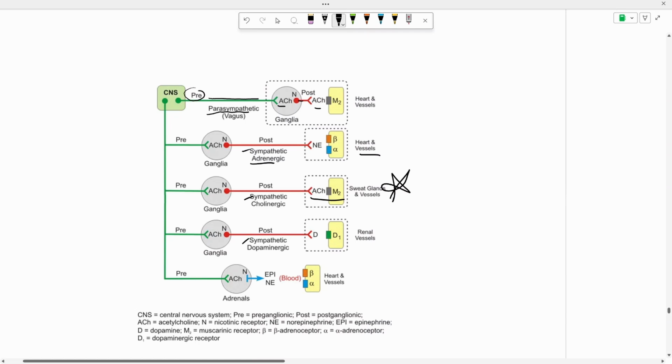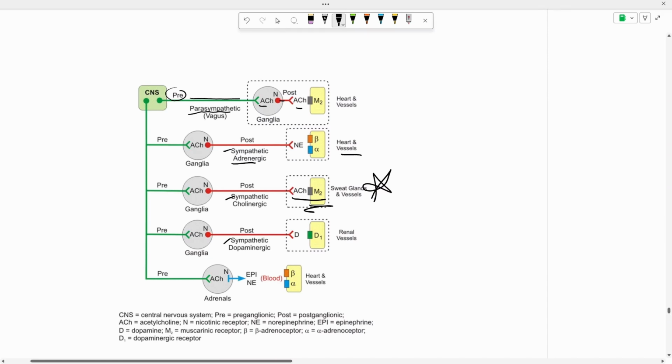It's the only one that has acetylcholine in that postganglionic area. Everything else is always going to be norepinephrine for sympathetic. You have dopamine here as well. You have dopaminergic. They deal a lot with your renal vessels, which we'll get to when we get to renal.